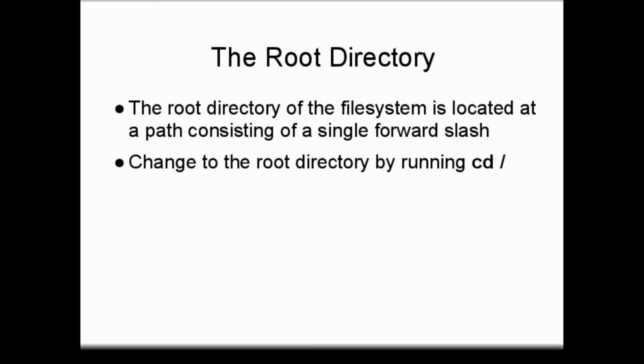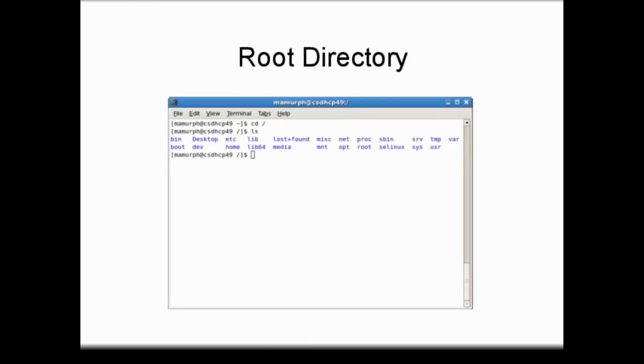In any case, however, the root directory of a file system is located at a path consisting of a single /, and you can change to the root directory by running cd and then as the argument to cd just a single /. And in this screenshot we can see we're on a system. I've run cd / and then run ls to look at the contents of the root directory.